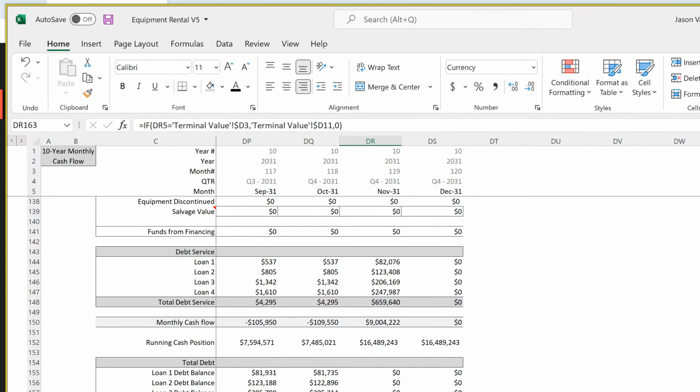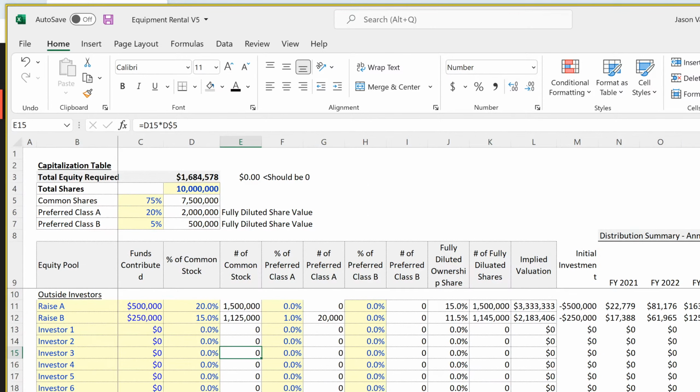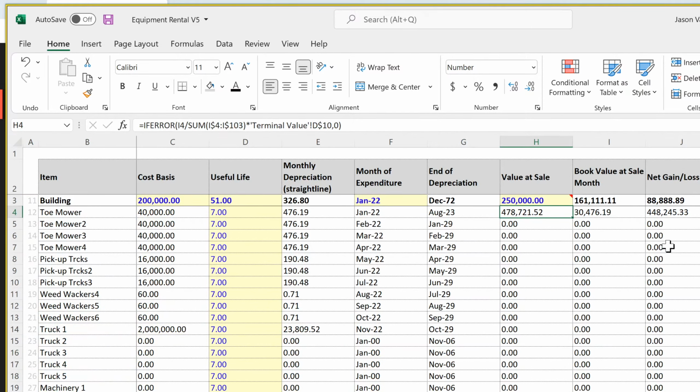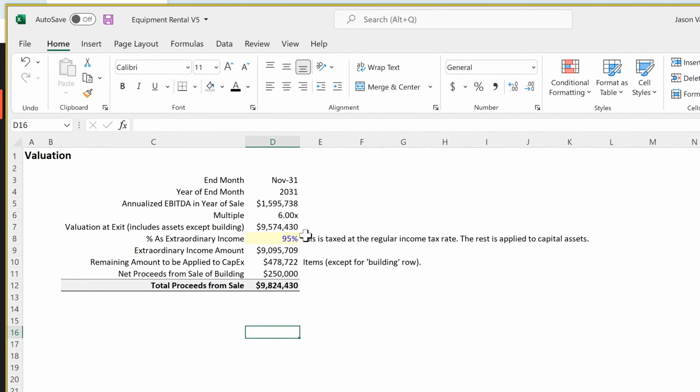So that and that we got 9,824,000, which should just be this plus 250,000. Yeah, 9,824. So I think our monthly is actually correct. And somewhere along the line, we double counted our 478,722.